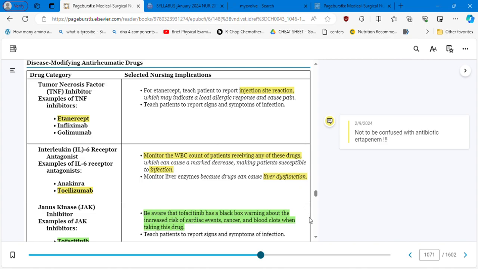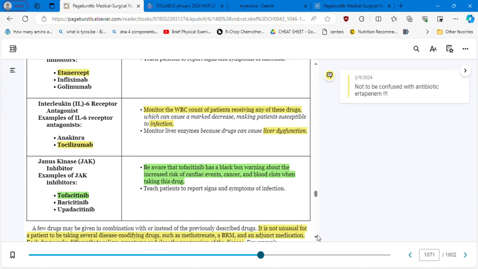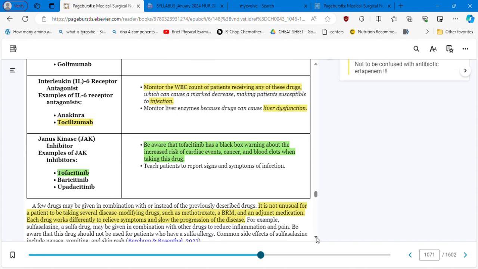Okay, now in the interleukin section, there is a very well-known tocilizumab. We need to monitor the WBC count of patients receiving any of these drugs and also for liver dysfunction. Also, in the JAK inhibitor section, we have the tofacitinib. Be aware that this medication has a black box warning.